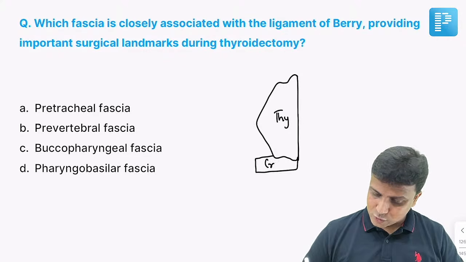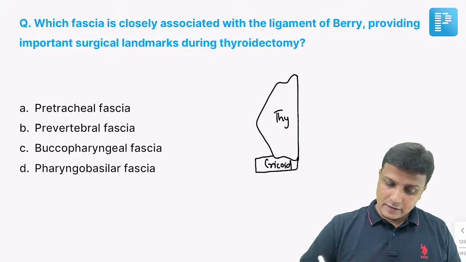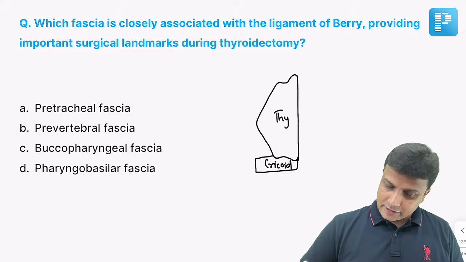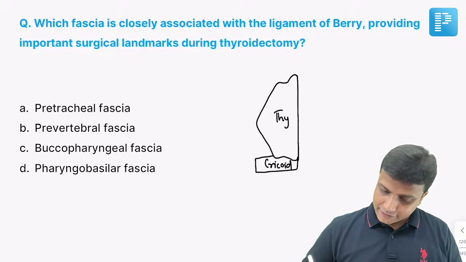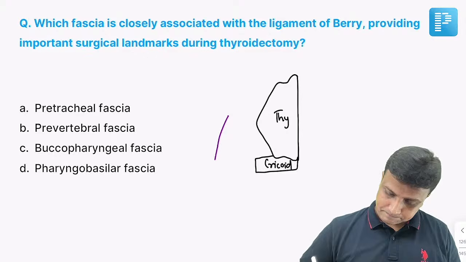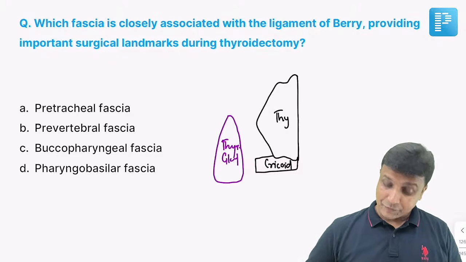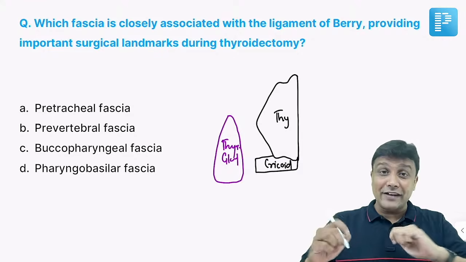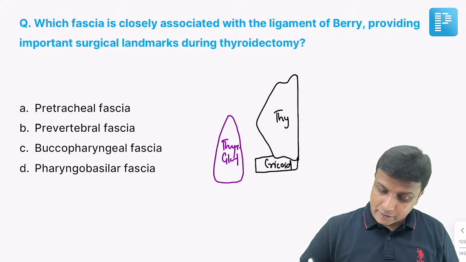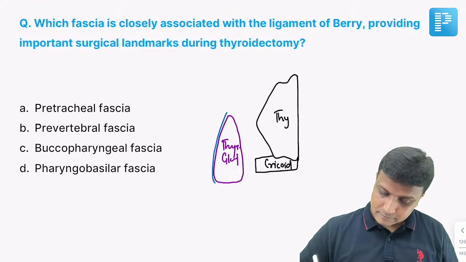Now here there will be the thyroid gland. Suppose this one is your thyroid gland, seen from the side view. Now that thyroid gland is enclosed by a fascia, and that fascia will be the pretracheal fascia.